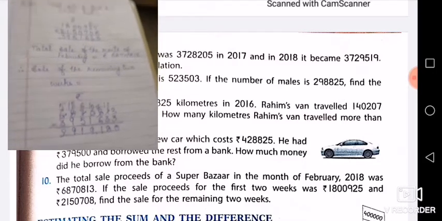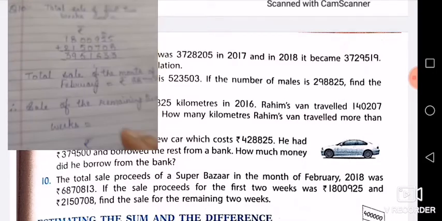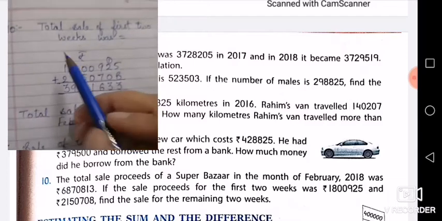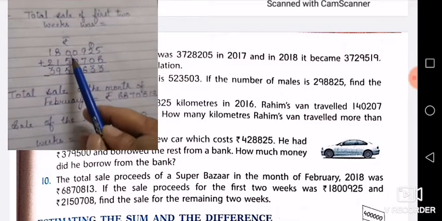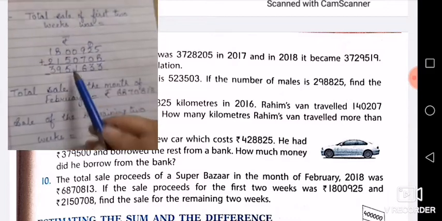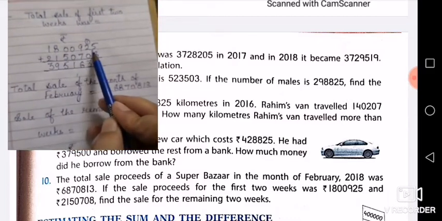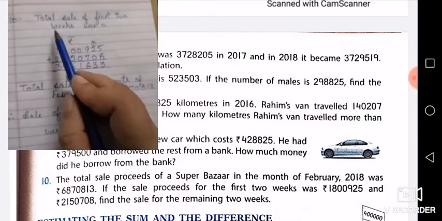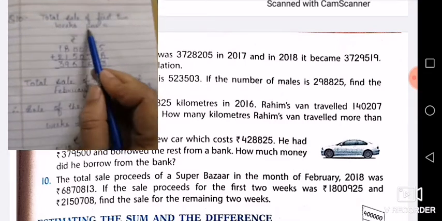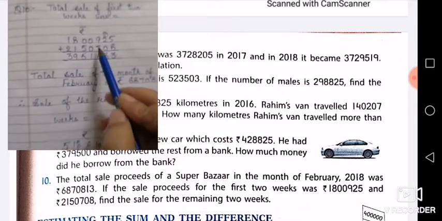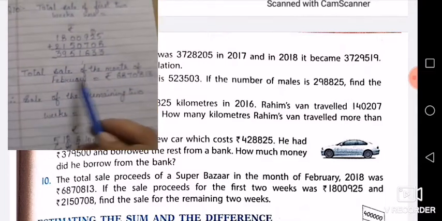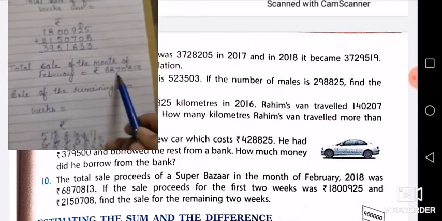I hope the question is clear. Okay, one more time we'll see this question. Total sale of first 2 weeks was this much, the sale of first week is this, second week is this. So what we have to find out? Total sale of first 2 weeks. We have done the addition. After that, total sale of the month of February is this much.